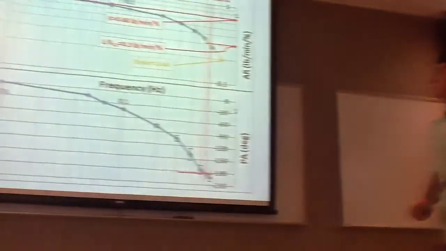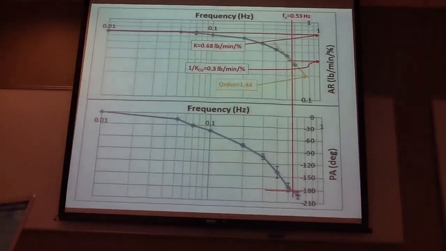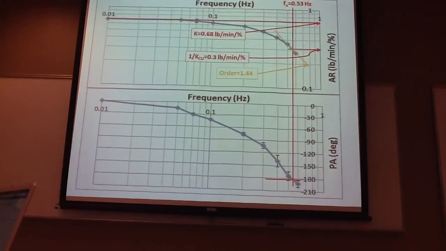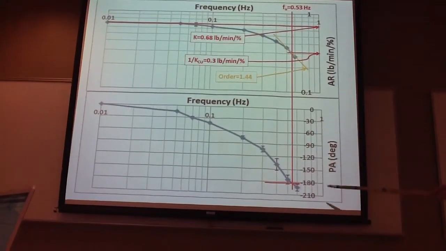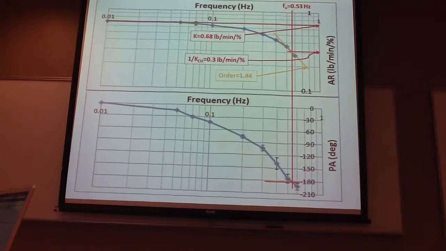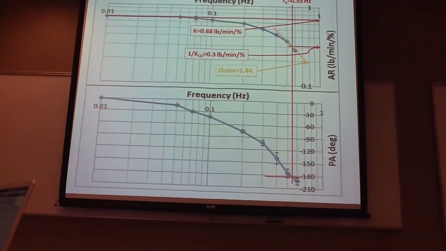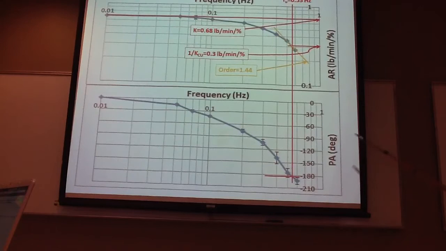This is the Bode plot for the middle range, and it shows how graphically or experimentally you can get these values. This one had an ultimate frequency of 0.53 hertz, an order of 1.44.